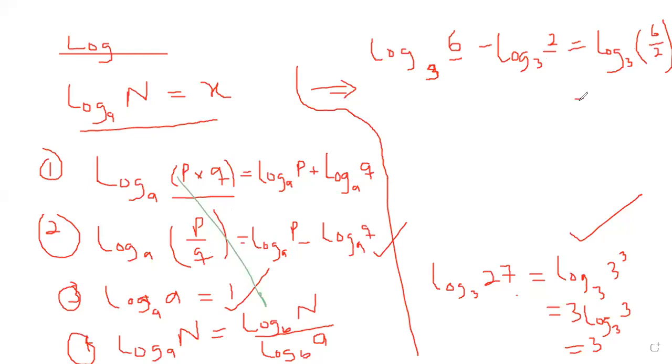So we end up getting log of 6 divided by 2, which is 3. So log of 3 to the base 3 will still give us 1 per our third rule here.